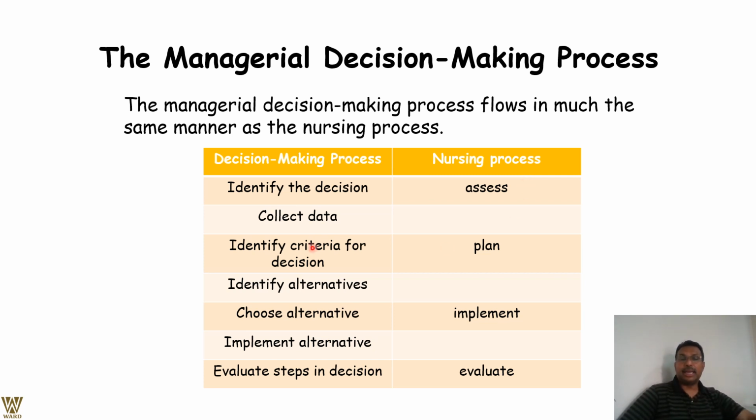We need to understand what data to collect if required; if not required, leave it. Identify the criteria for the decision, as in planning. Management process is planning. Identifying the alternatives, probably yes. Choosing the alternative: once you have planned, implement or execute the plan, implement the alternatives, and evaluate your feedback as the case might be. And this is nothing but the managerial decision-making process.